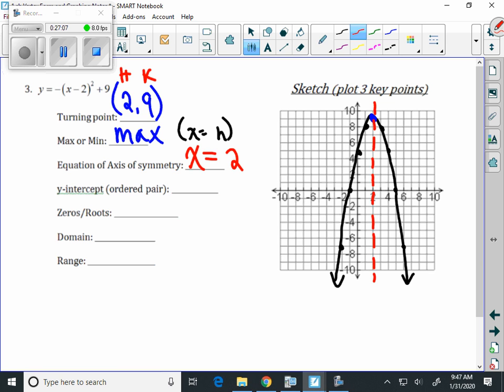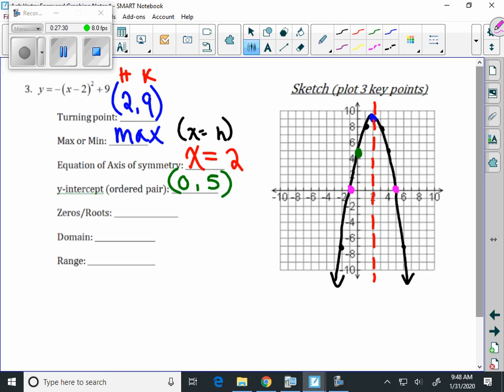the y-intercept, we can see it on this particular graph. It is here, the green point, and our y-intercept is 0, 5. Where the graph crosses the x-axis are our zeros, are our roots.